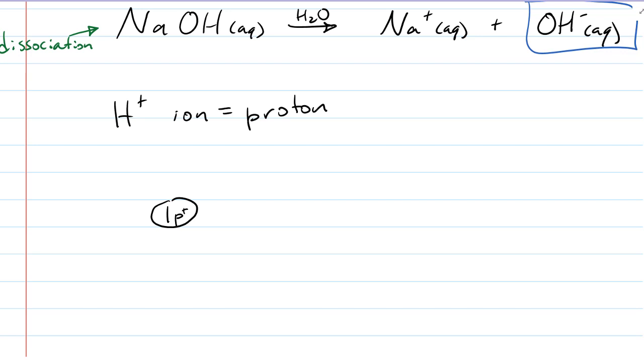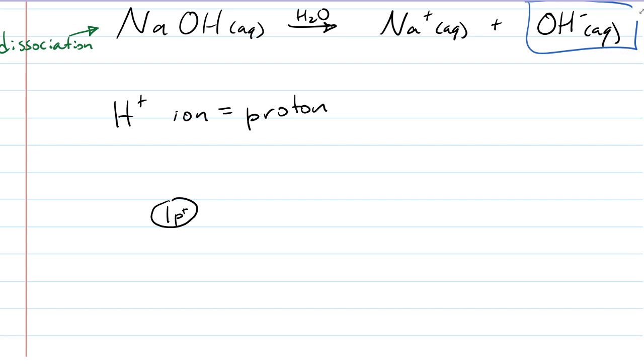So once we get rid of this electron cloud, we're just left with a bare naked proton. And that bare naked proton is super, super concentrated in charge. And because the charge is positive, this positive charge is going to seek out something that is negatively charged.